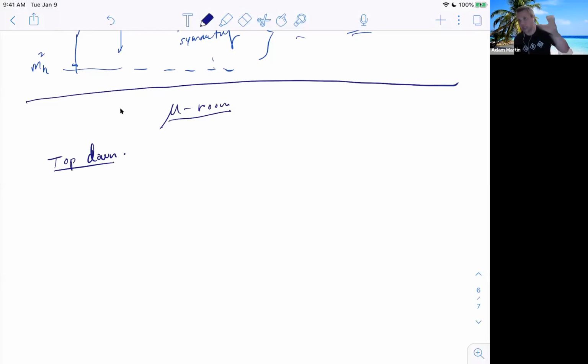That was applying EFT ideas to this particular scenario. When we were talking about matching, running, the whole idea was I started with this theory, ran, matched to an effective theory, ran, matched. And that gives the impression that EFTs are valuable only when I know the full theory and I can do this sort of cascade down.